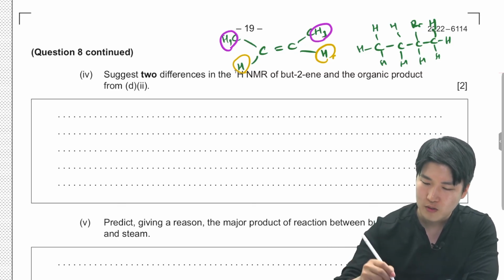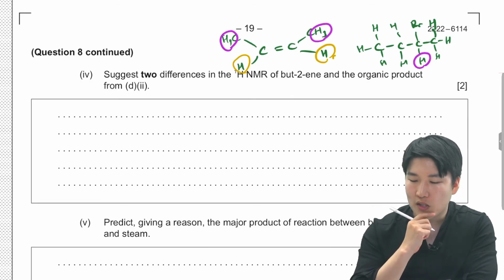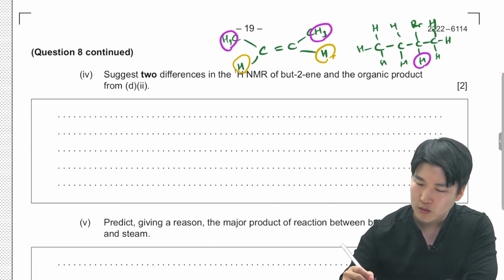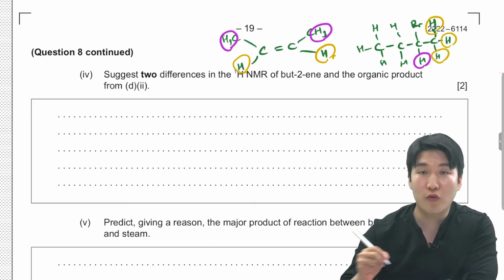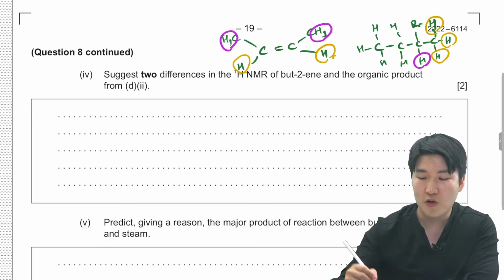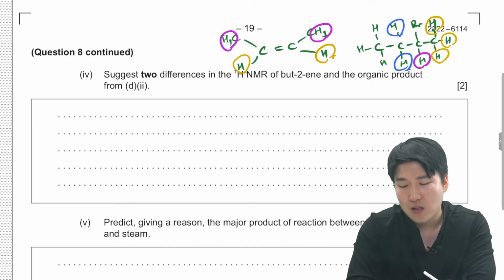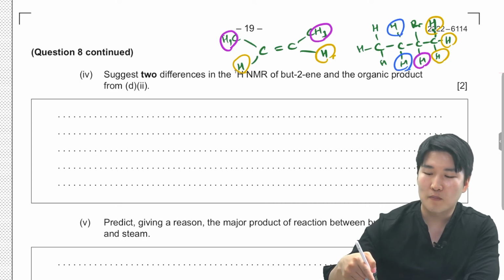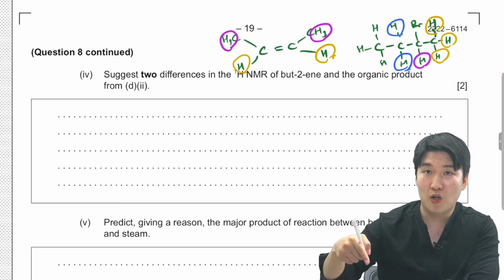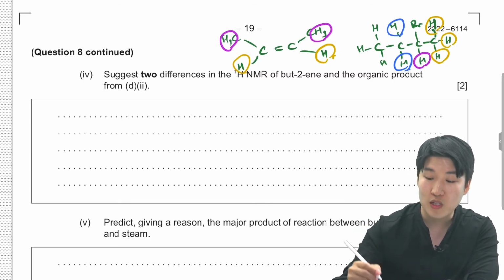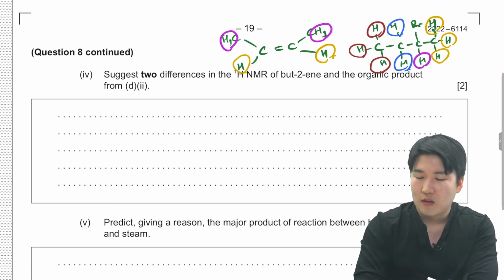First hydrogen environment would be closest to the bromine. Second hydrogen environment would be the CH3 that is bonded to CHBr. Now there's the third hydrogen environment, the CH2, that is bonded to CHBr on the right, and at the same time the CH3 environment on the left, which is the final hydrogen environment.